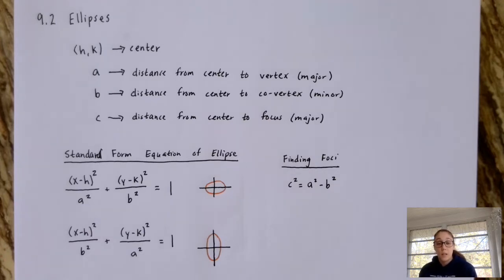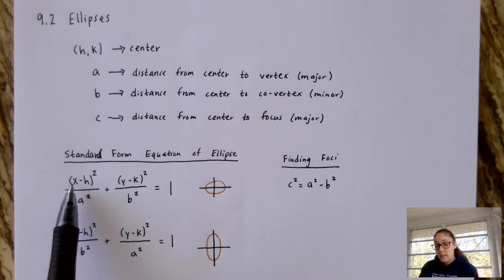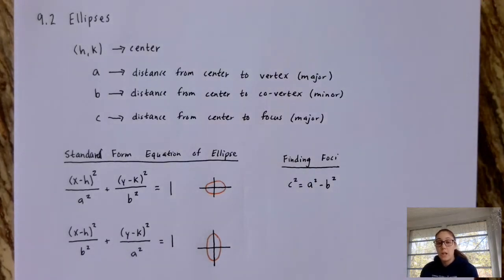So a is always the larger one. Also notice that for an ellipse that is long horizontally, along the x-axis, a is under the x value. And for an ellipse that is long vertically, along the y, the a value is underneath the y. And that's how we know where to place our a and b.